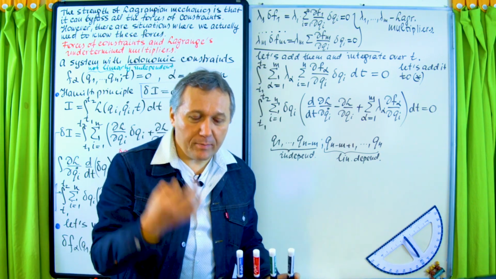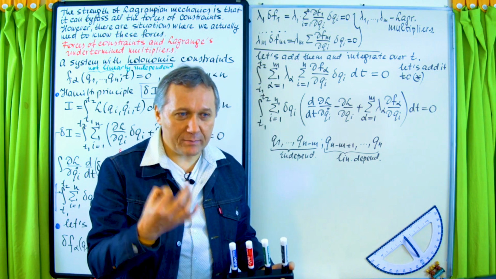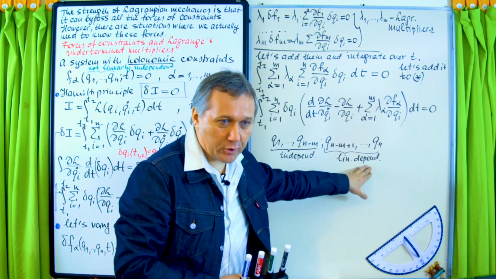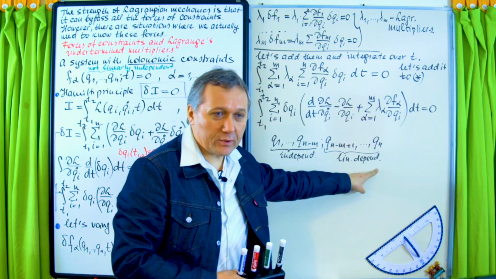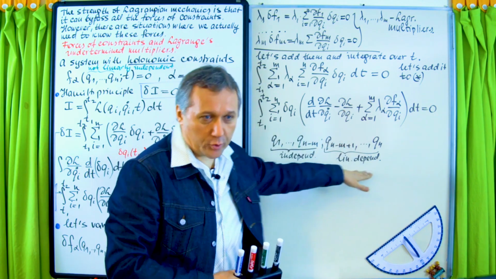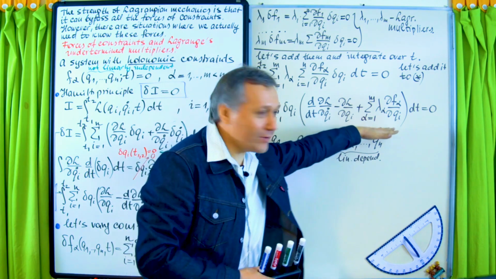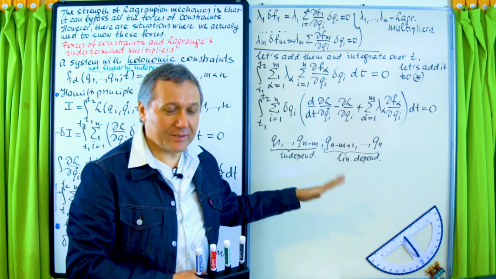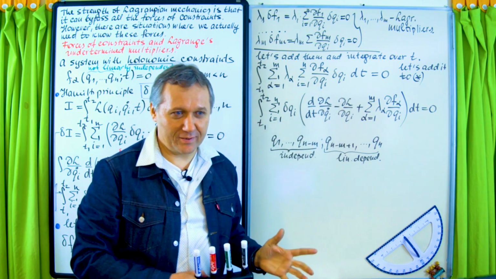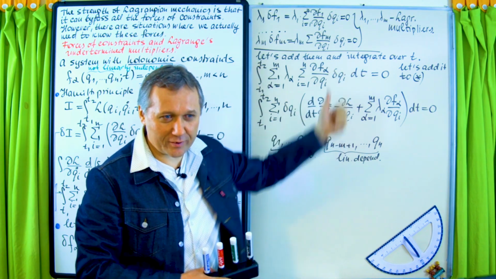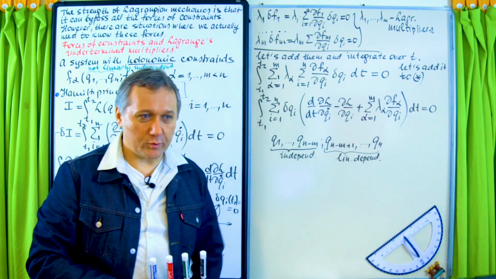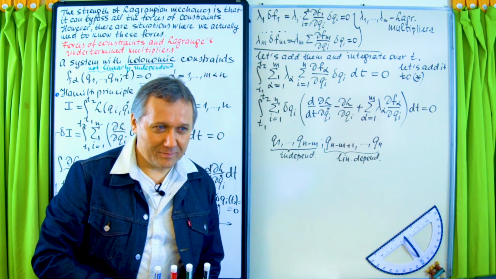So let's choose lambdas in such a way that factors next to variations of these coordinates are 0. Let's just kill all those terms which create trouble in these equations. Let's get rid of them by choosing Lagrange multipliers properly. We have freedom with those Lagrange multipliers. Let's use that freedom to get rid of the terms related to these coordinates.